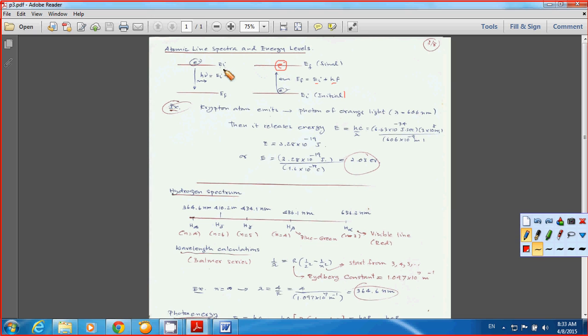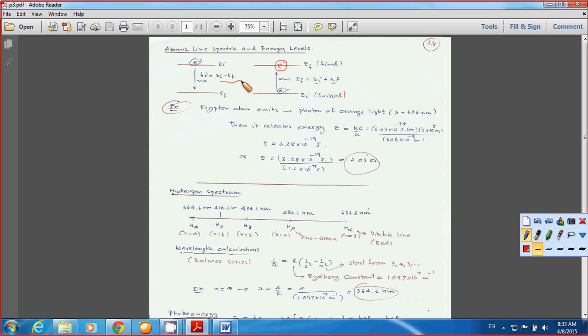And usually the electron doesn't prefer to stay at the higher level, so it is going to try to come back to the initial energy level, which is at the lower energy, and it will release the energy in the form of a photon or light, and that becomes the basis of our laser.